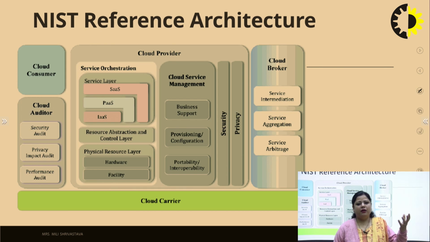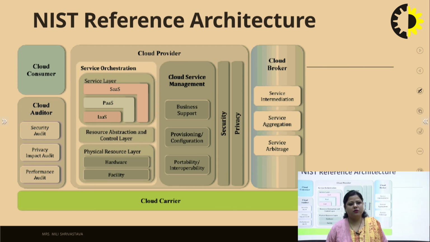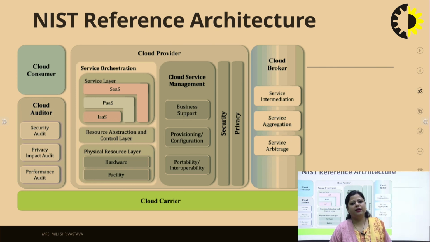For example, we require 5 services, but the cloud provider provides only 3 of them. So the cloud broker is also helpful in service selection, whatever service is required, and cost optimization and customization, whatever we need.